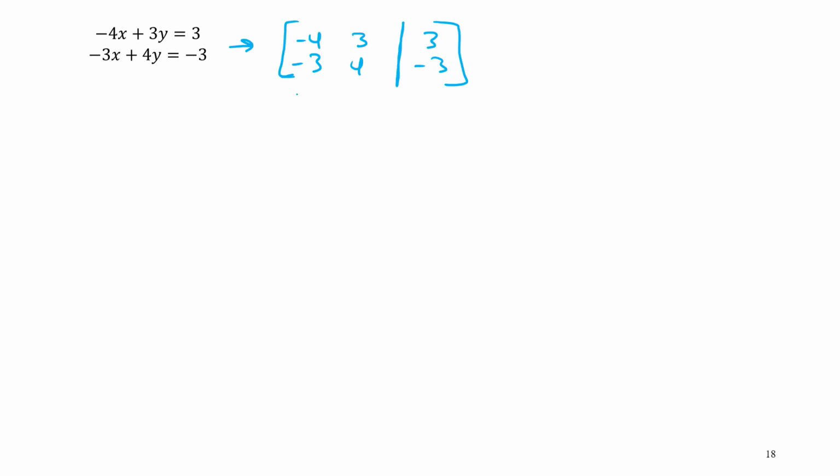So you can think of it as your x column, your y column, and your answer column. Or if it's easier for you, your A column, your B column, and your C column, whichever is easiest. For these ones, we're only dealing with x's and y's and answer. I would stick with the x and y and answer. So we're first going to look at getting our determinant.